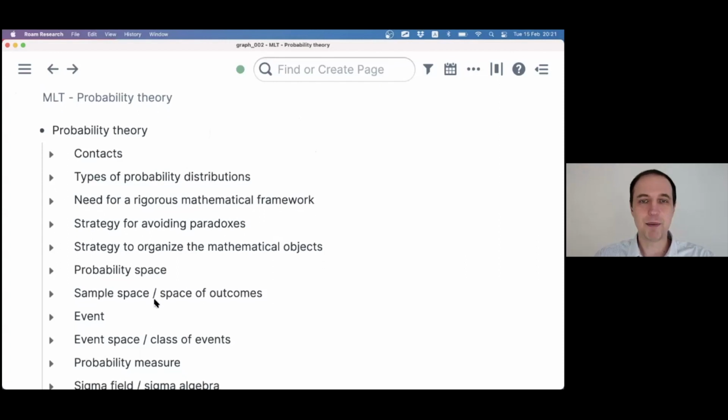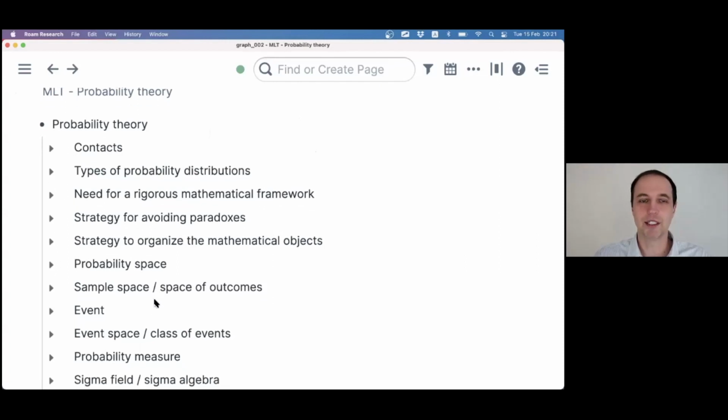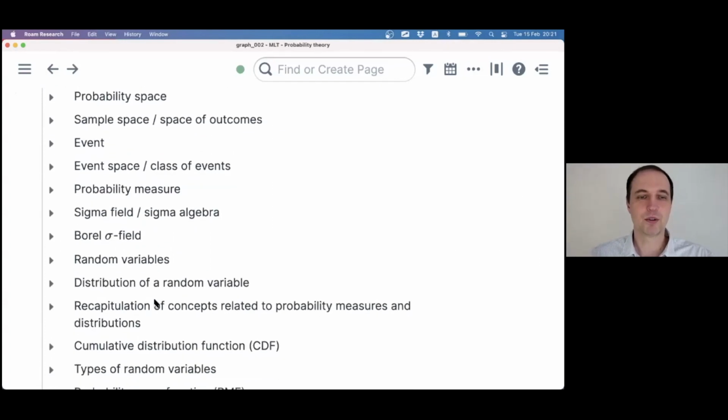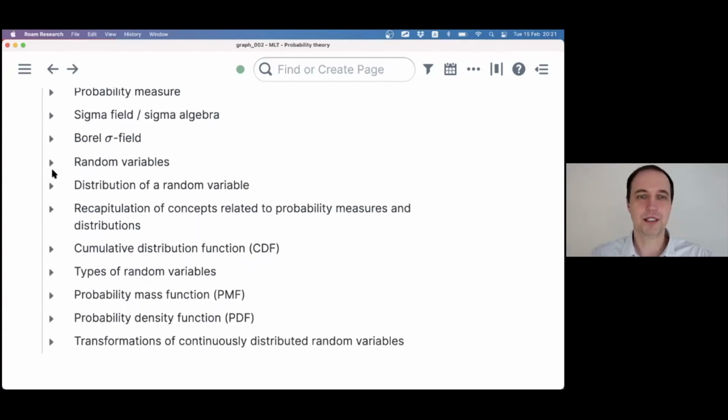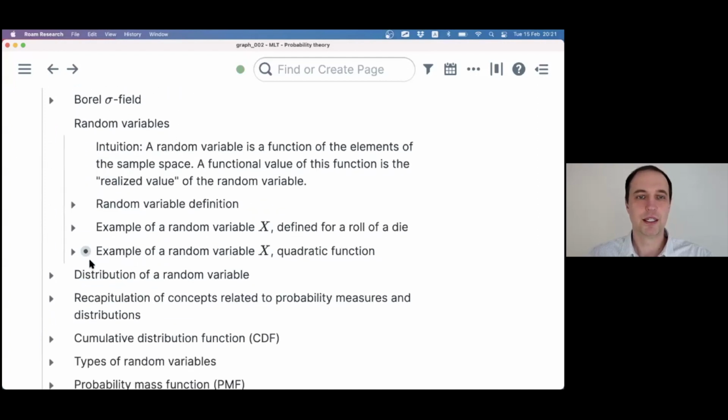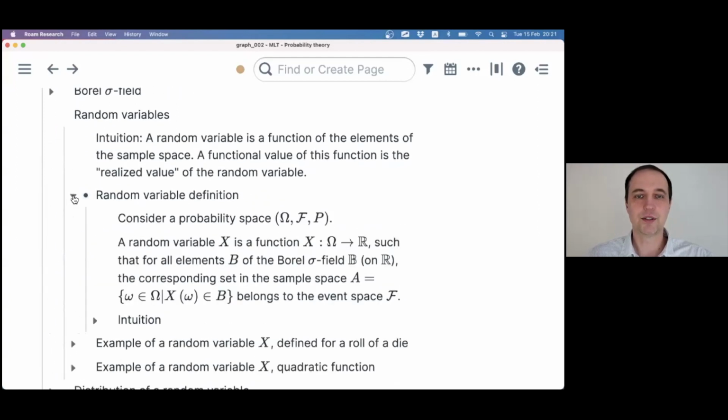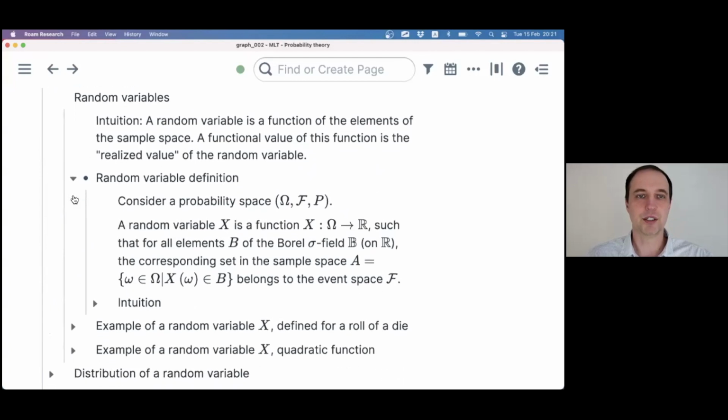So maybe some really brief recapitulation. I think there's a lot of stuff to be discussed today, but I just want to remind you of what we did. The last time we focused on random variables, and we said that a random variable is a function.